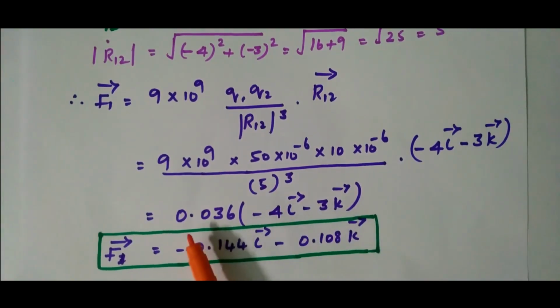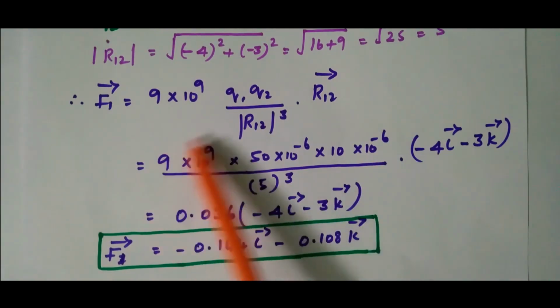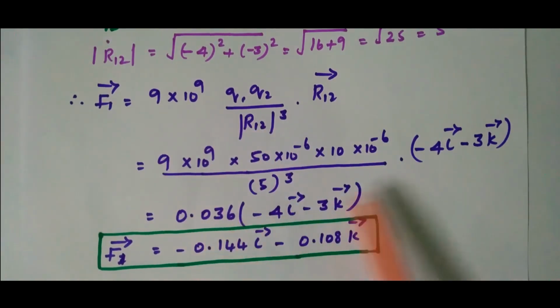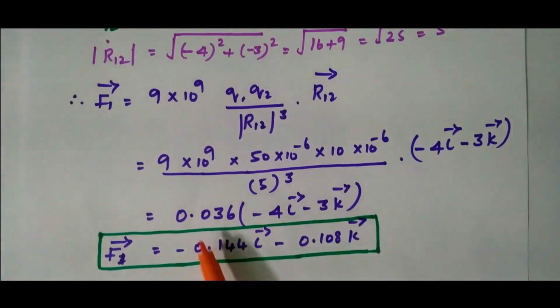By simplifying this term we got 0.036. Then this vector, minus 4i vector minus 3k vector, you can multiply inside, so that we got minus 0.144 i vector minus 0.108 k vector. Right, now we got the force F2 in vector form, because the 2 points are given, so we can easily use this.